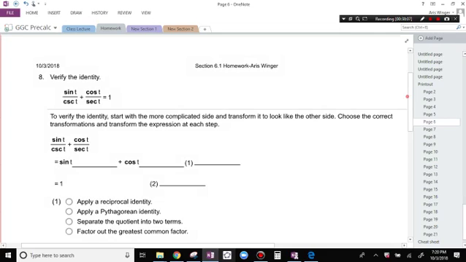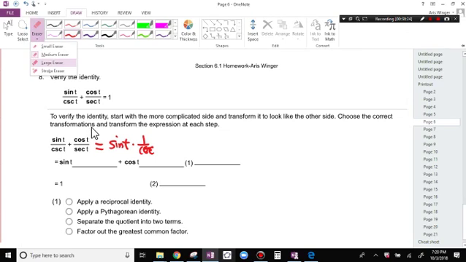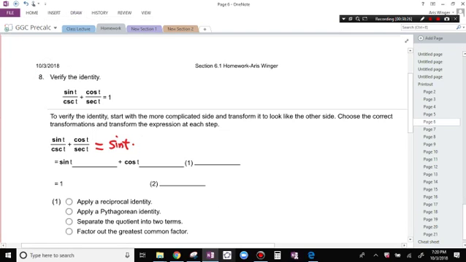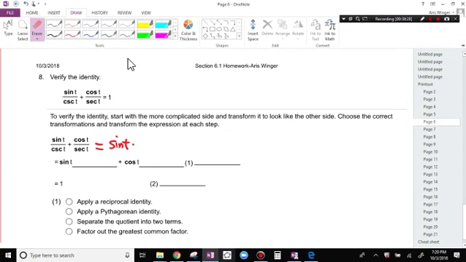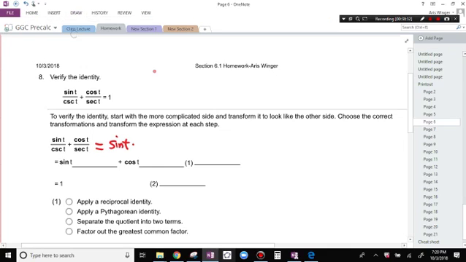So here's the step that I thought they were going to put in that I did with one just like this: sine of t times 1 over cosecant t plus cosine times 1 over secant.